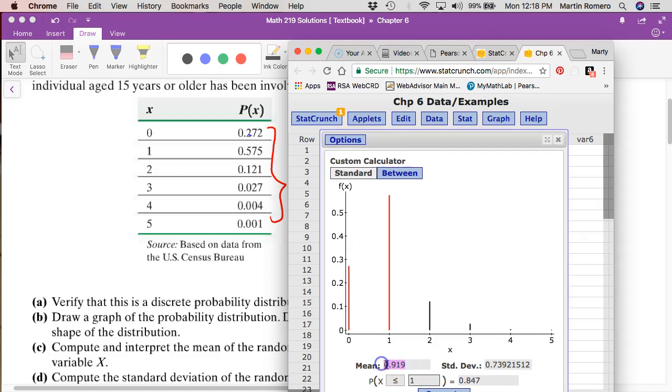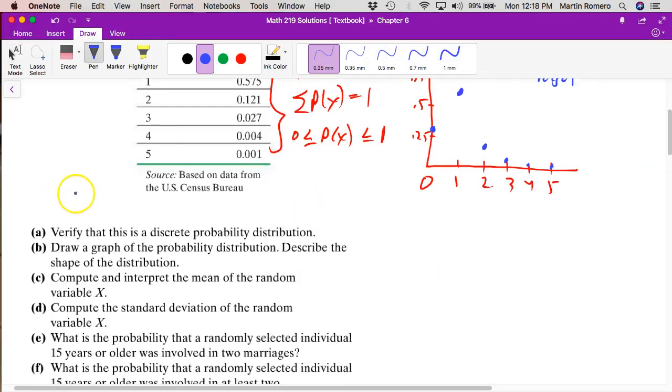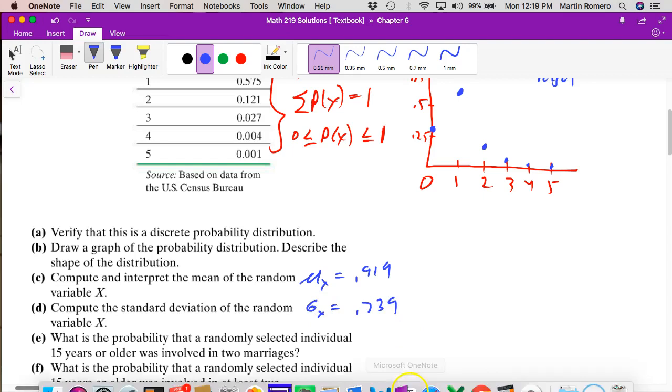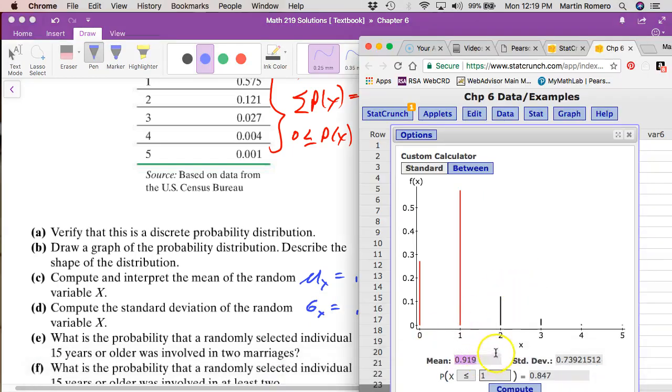The mean is 0.919 and the standard deviation is 0.739. Let's just double check that one more time. There it was, 0.919, 0.739.